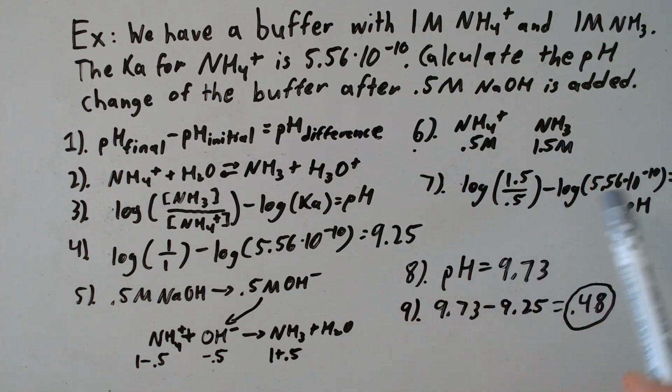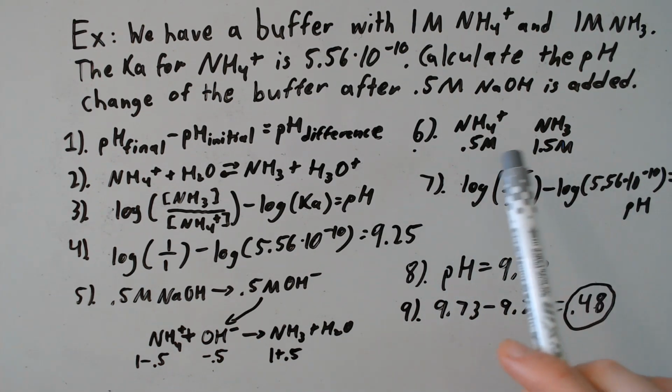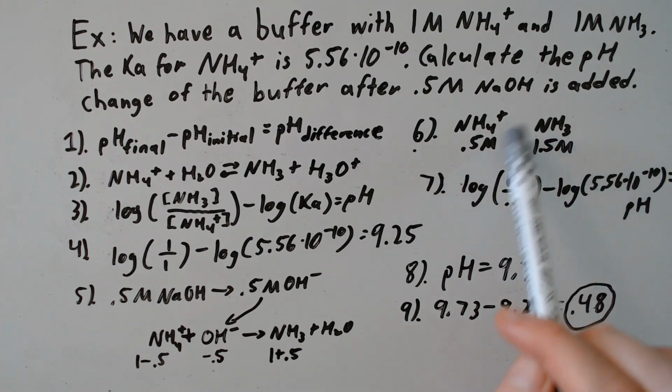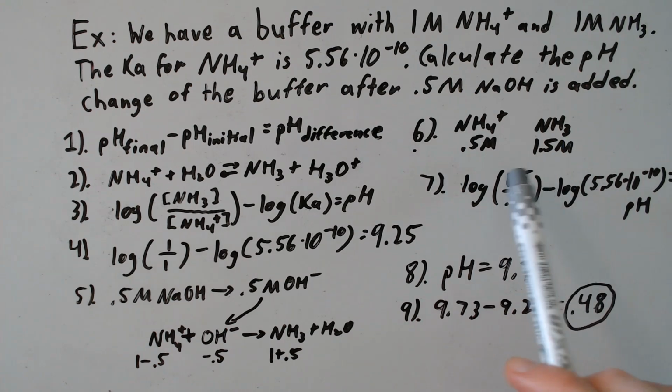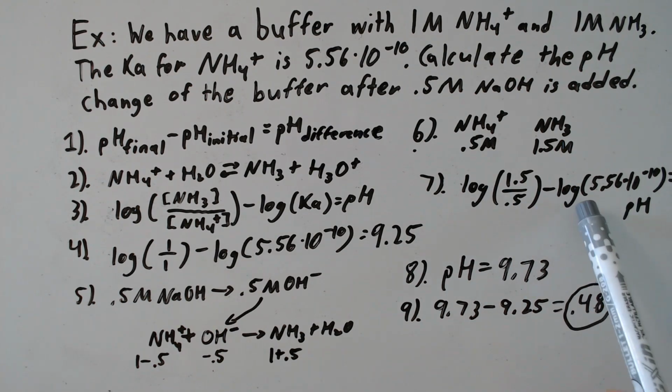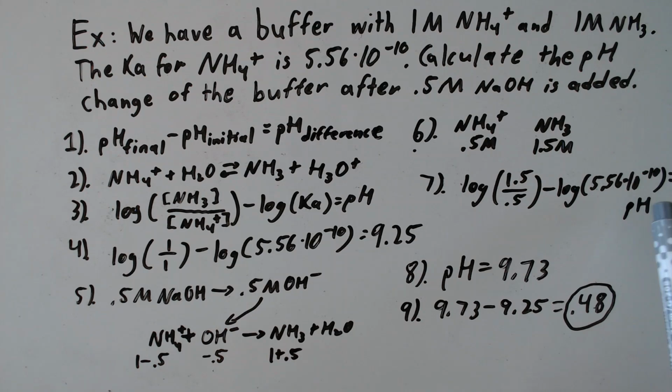Now we can use the Henderson-Hasselbalch equation again to calculate the new pH of this solution. So now we know that the weak conjugate base has a concentration of 1.5, we put it on the top, and the weak conjugate acid has a concentration of 0.5, we put it on the bottom. So the logarithm of that, minus the logarithm of the Ka. The Ka never changed, it's always constant for this NH4+. So 5.56 times 10 to the negative 10th.